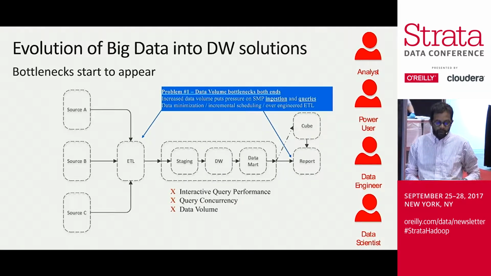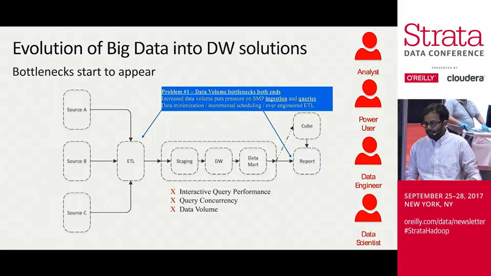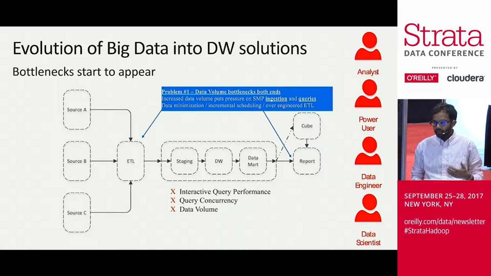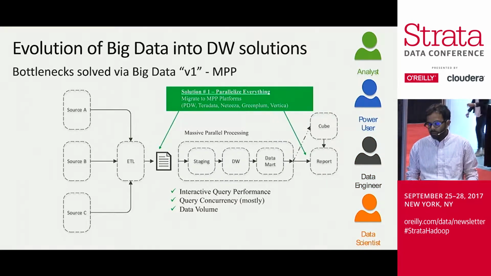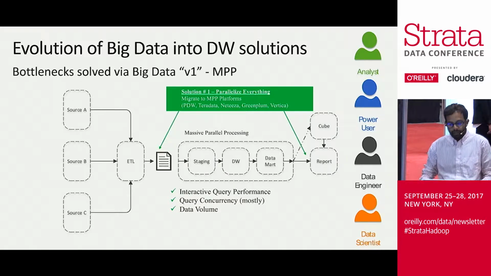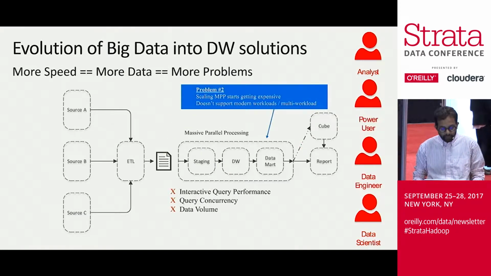The two bottlenecks that were observed were one at the ETL front and one at the reporting front, where as data volume was getting bigger and bigger, the existing systems were not able to scale to the size of the data, and the queries running in the system were too big. So the industry evolved to these MPP offerings, which were trying to solve this problem of doing massive parallelized computing at scale.